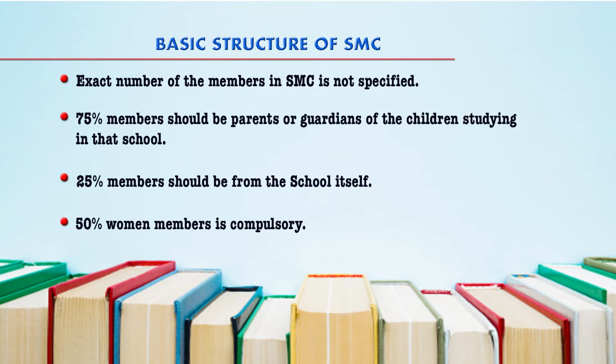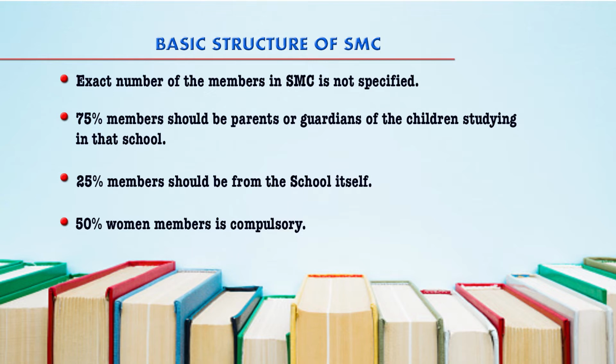The structure says that 75% of members should be parents or guardians of the children studying in that school. Another 25% members should be from the school itself, and 50% women members is compulsory.